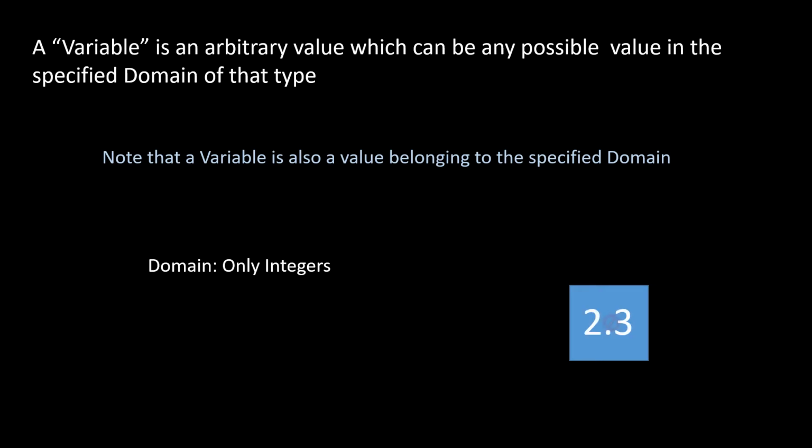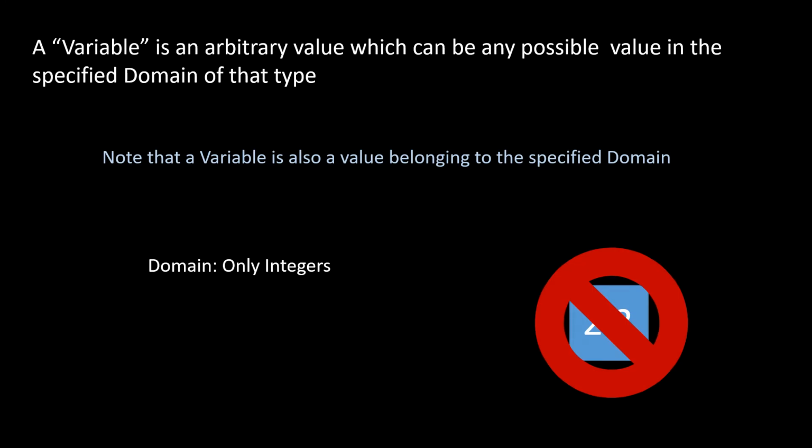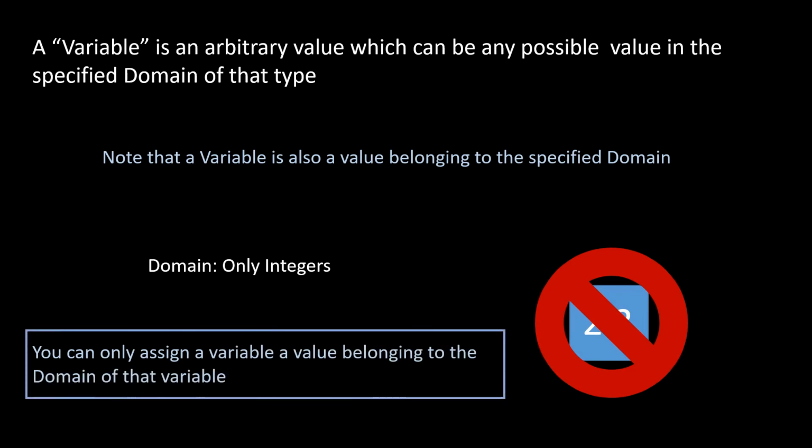This will not be possible. But why? The reason is you can only assign a variable a value belonging to the domain of that variable. However, you can also convert a value of type 1 to a value of type 2. But this is the topic of another video. You will learn more about those things in the later videos in this series.